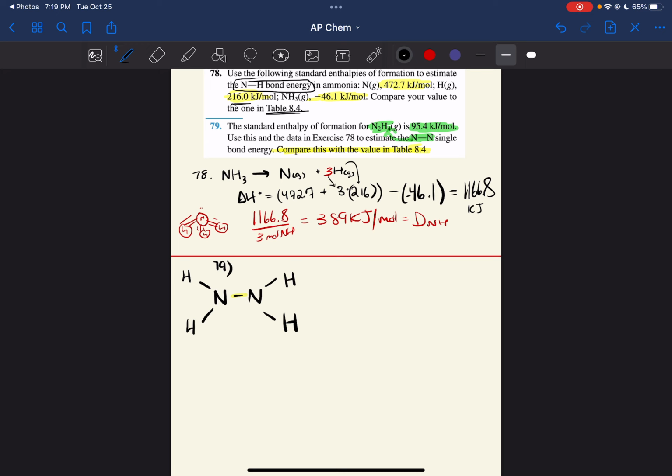So in order to do that, I'm going to have to use that summation formula. I forgot exactly what it looks like, but I know how to do it, like delta H and D, something like that. We just know the concept, that's all that matters. We can tell there are 2 nitrogens plus 1, 2, 3, 4 hydrogens.